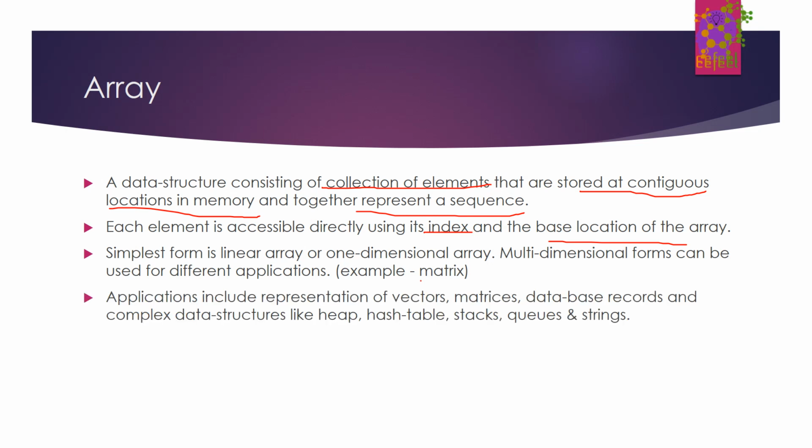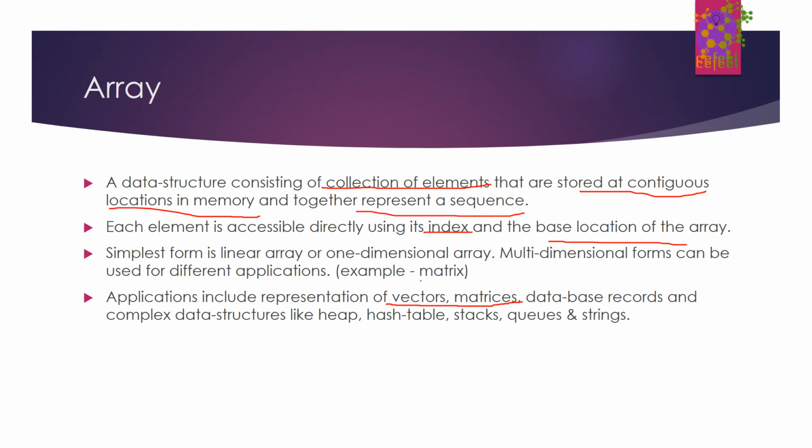Some of the applications of array include representation of vectors, as in physics, and matrices in math. If we want to add or multiply matrices, we can easily represent them using a one-dimensional or a two-dimensional array.